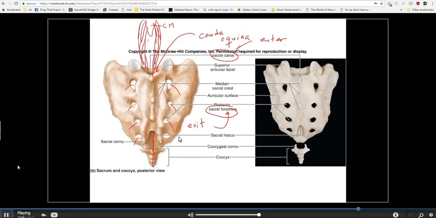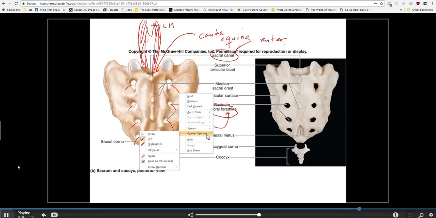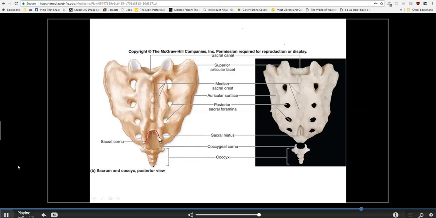Now, it's important that you're also aware that the sacral hiatus, this part right here, is your target site if you want to administer a caudal epidural to a patient. You want to administer it in this area right about here. Do not confuse that with the lumbar puncture.